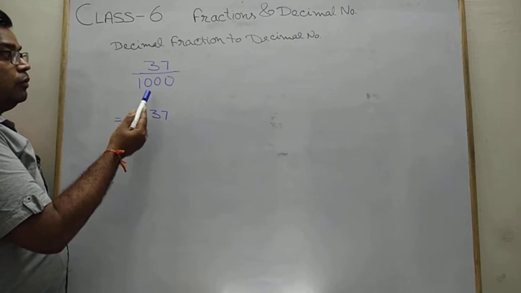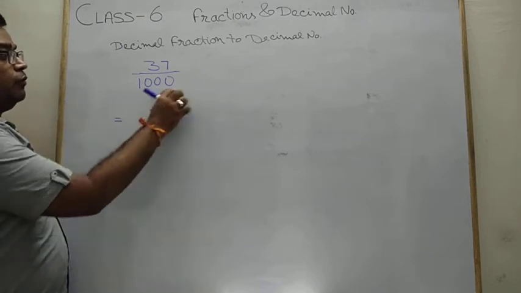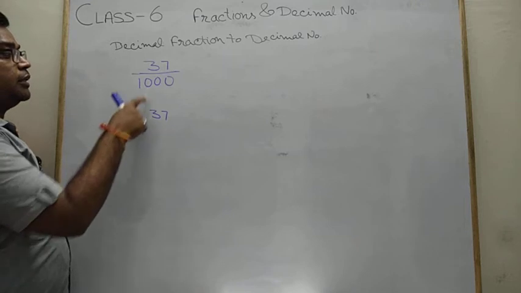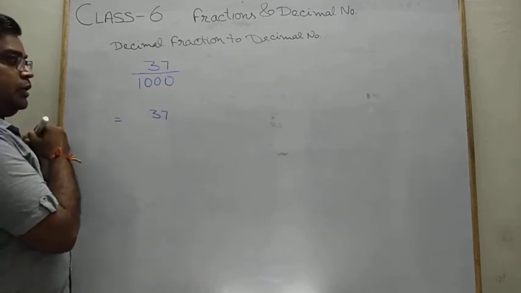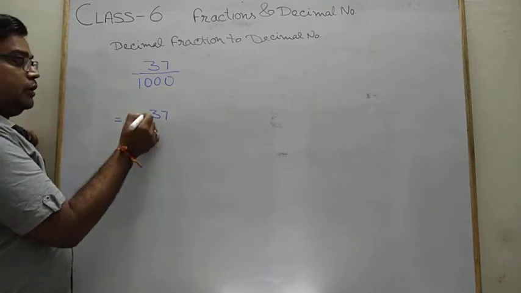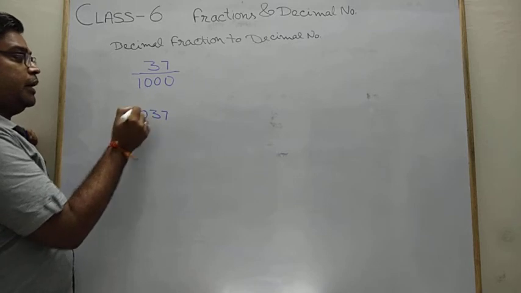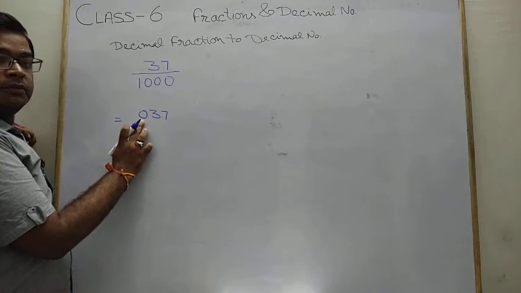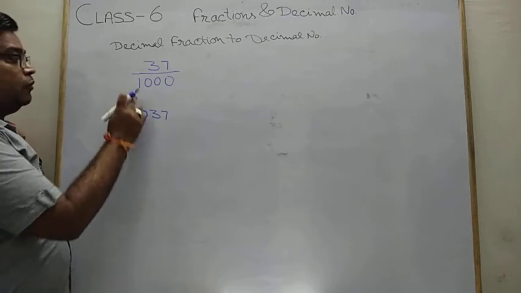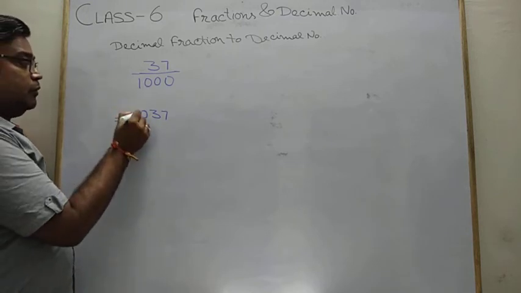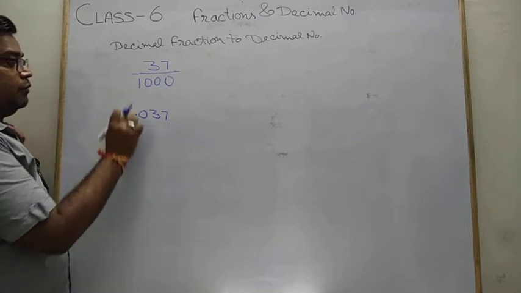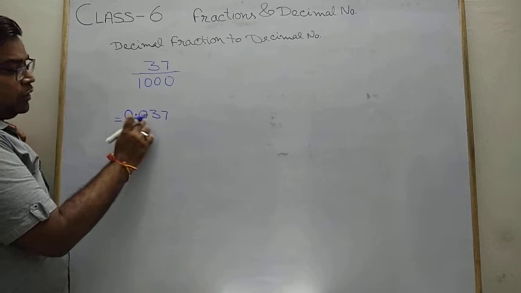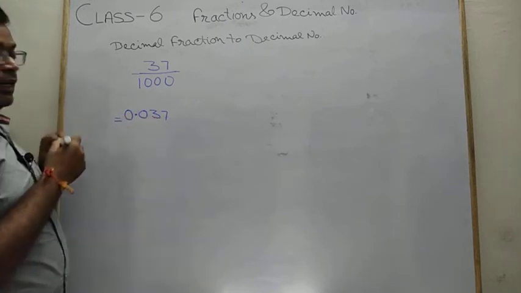So we have to put the decimal sign, and there must be 3 digits, so we make this number a 3 digit number by adding 0 in front of the number, on the left hand side, clear? Now we place the decimal in place of the 1, and there is no number, so we use 0. So 0.037.